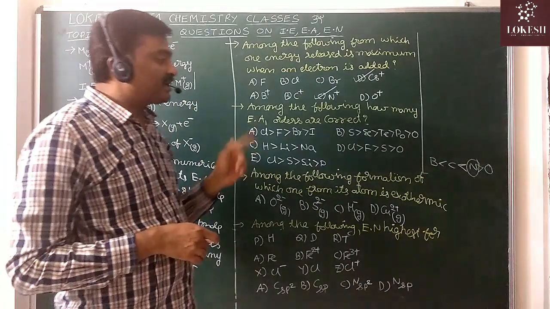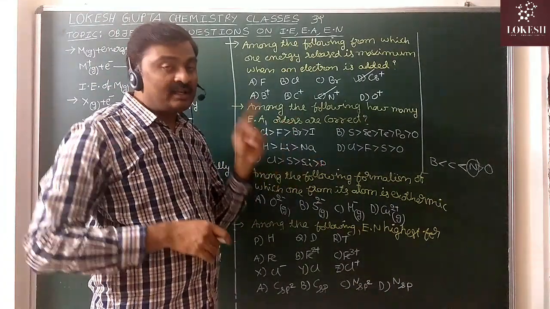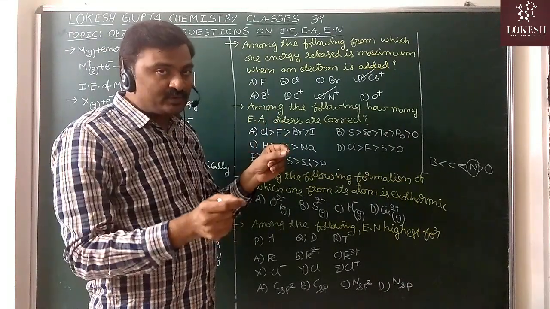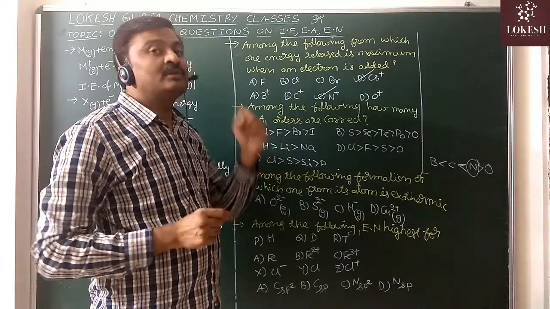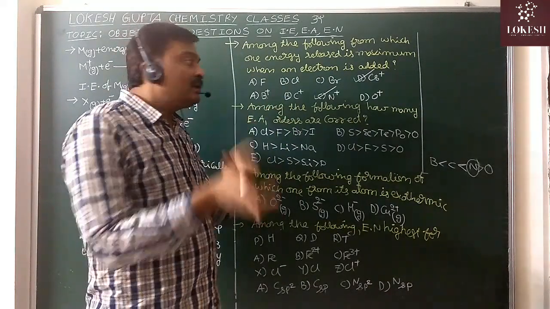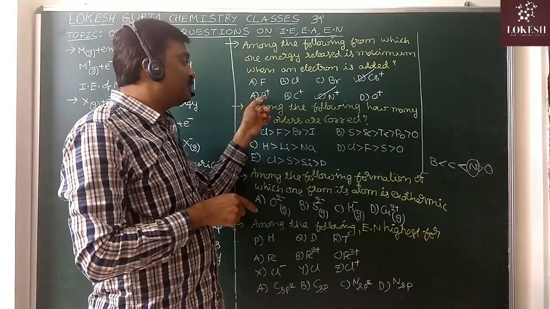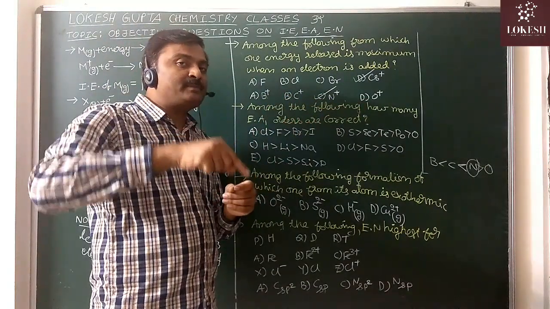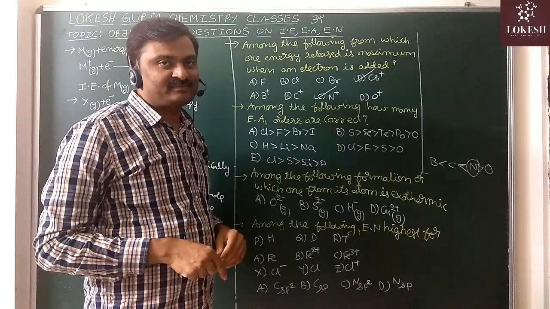So among boron, carbon, nitrogen, oxygen, ionization energy is highest for nitrogen. To remove an electron from a nitrogen atom, more energy is required. Then for the unipositive ions, when an electron is added to B plus, C plus, N plus, O plus, energy release will be maximum for N plus.